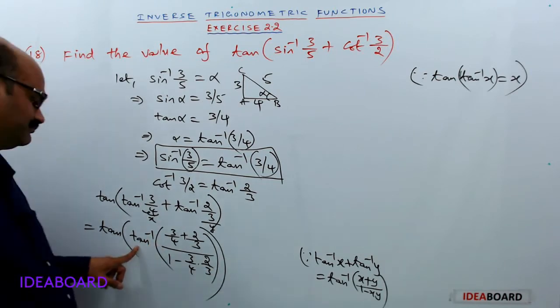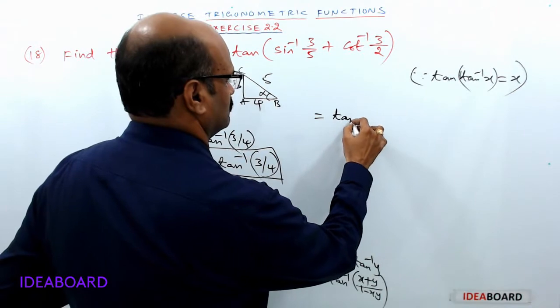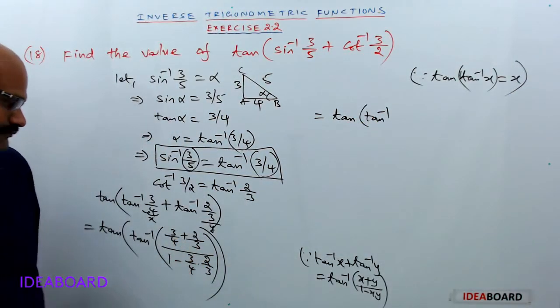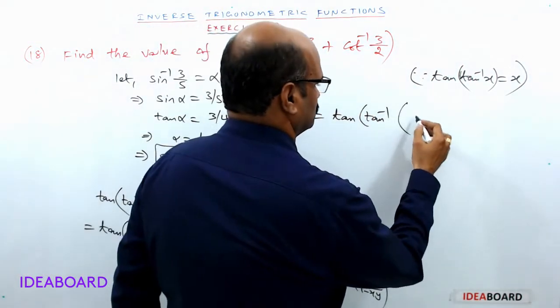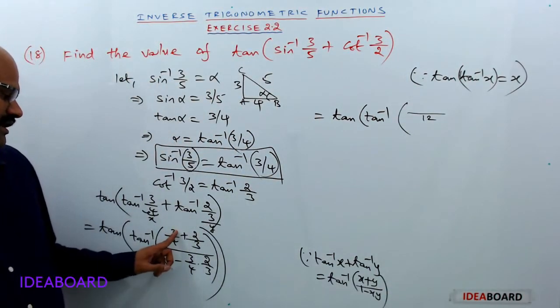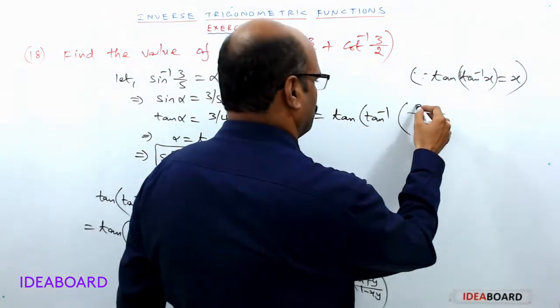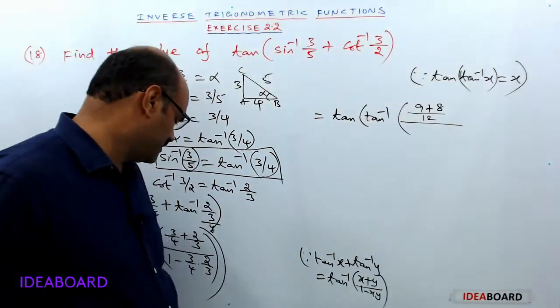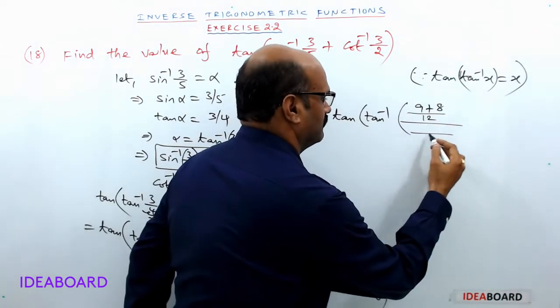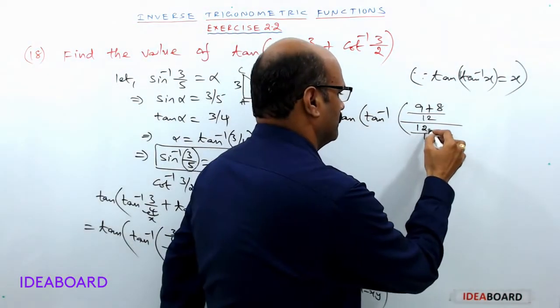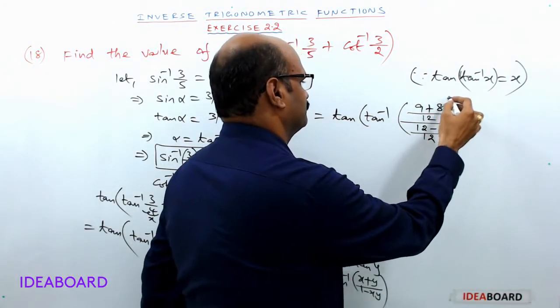Take LCM, 12. Then here 9 plus 8 upon LCM 12, 12 minus 6.